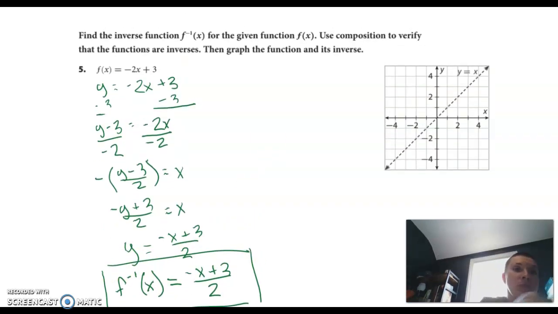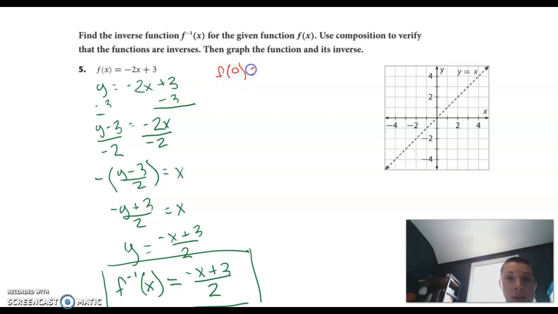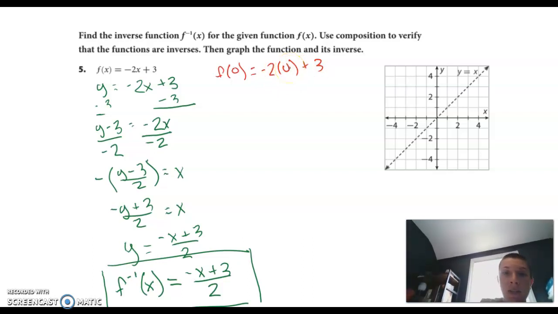So first, we're going to find our y-intercept by setting x equal to 0. So our y-intercept, f of 0, equals negative 2 times 0 plus 3. So since this term goes away, anything times 0 is 0, we get our y-intercept is 3.